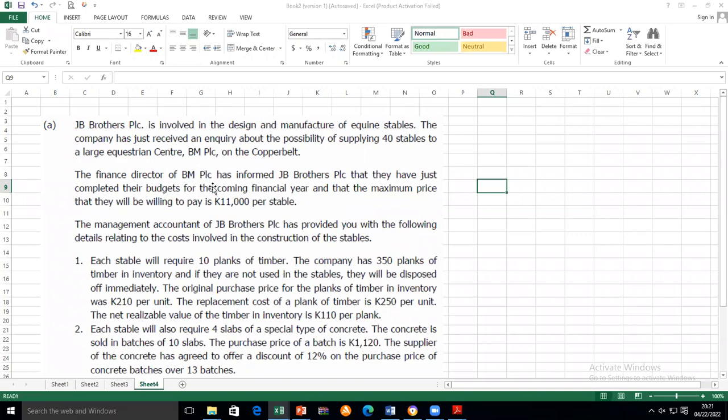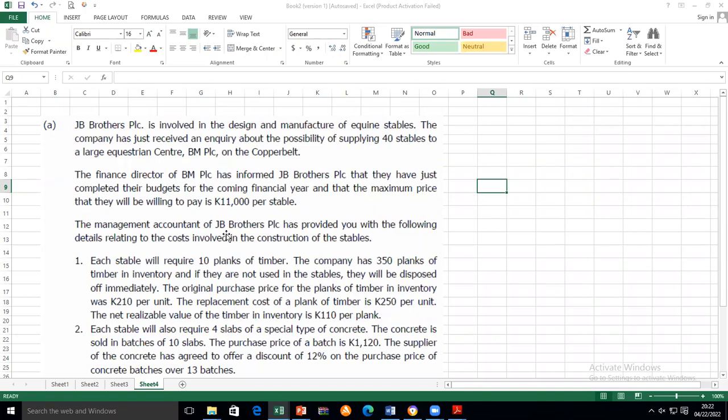The finance director of BM has informed JB Brothers that they have just completed their budgets for the coming financial year, and that the maximum price that they'll be willing to pay is 11,000 per stable. So that's the offer there.